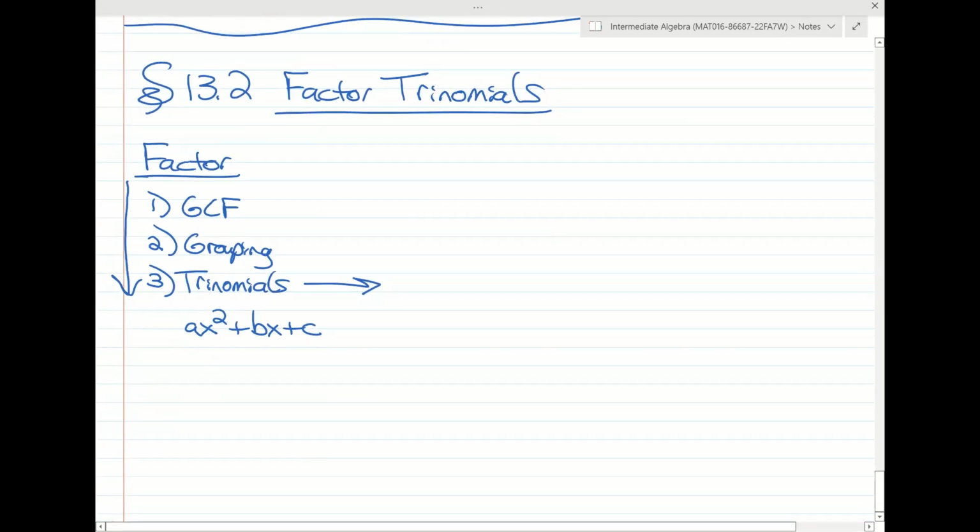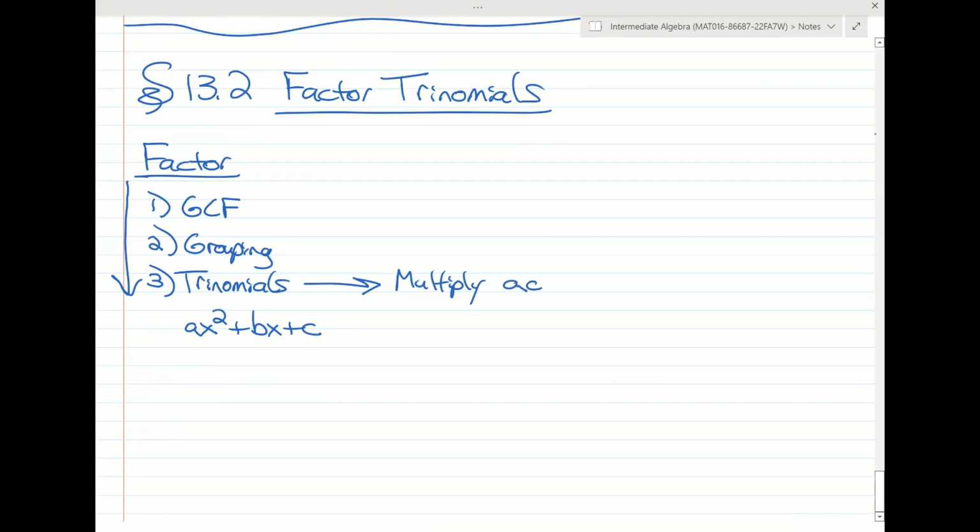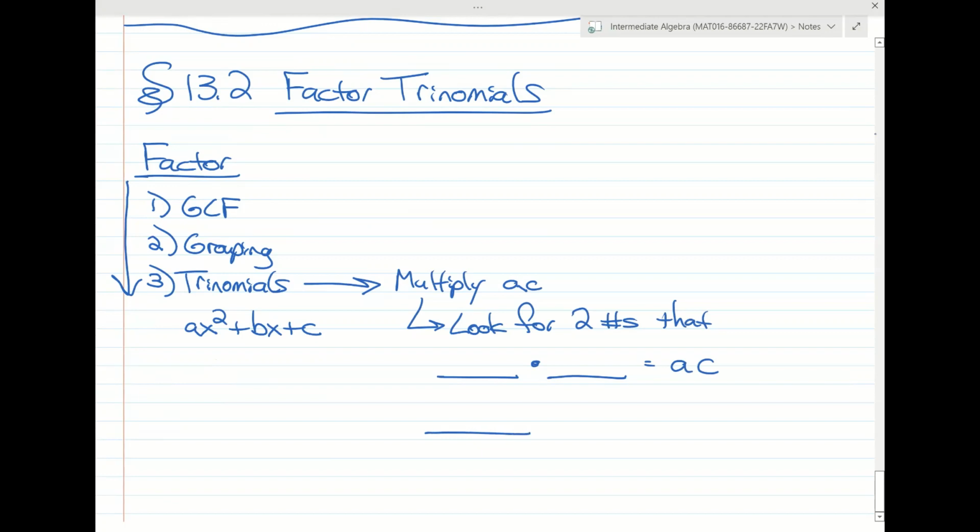And what we usually do is we multiply a and c together. And then from there, we look for 2 numbers that multiply to be AC, and they also have to add to be the middle value.